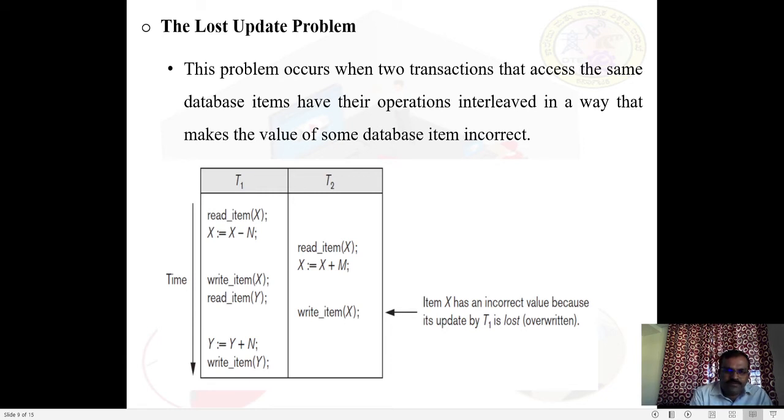N equal to 5 means T1 transfers 5 seat reservations from the flight corresponding to X to the flight corresponding to Y. M is equal to 4 means T2 reserves 4 seats on X.